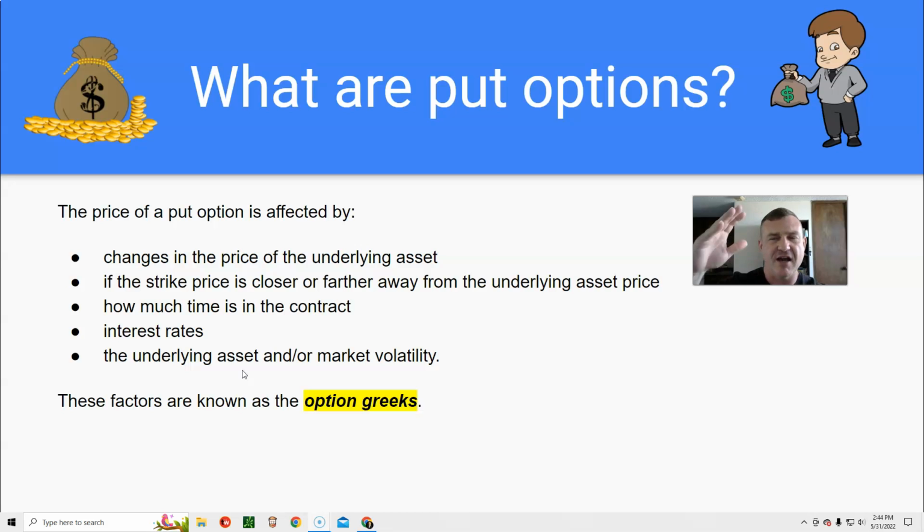Volatility is basically how much something is moving. And whether it's moving a lot or a little, when it doesn't move much, it's way more predictable. And when you're doing contracts, the more predictable something is, the easier it is to balance out. When it's less predictable, there's a price to pay for that. And these factors are known as the option Greeks.